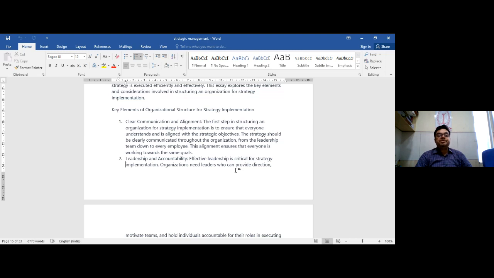There is leadership and accountability. Effective leadership is critical for strategy implementation, because leadership is what would take an organization forward.